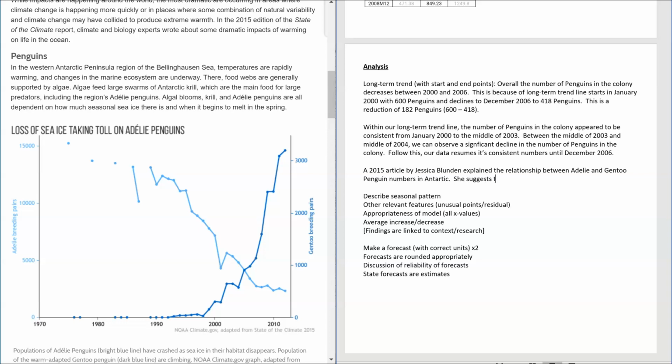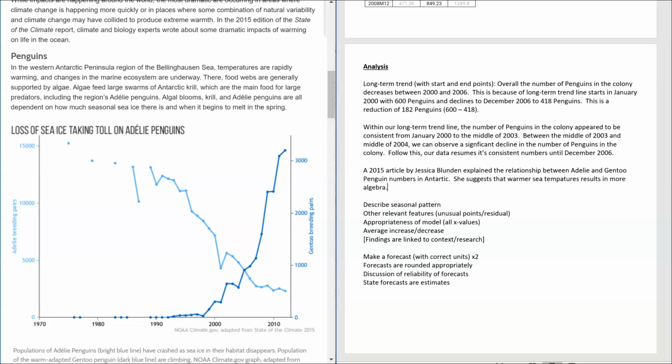She suggests that warmer sea temperatures resulted in more algae. Oh, right, algebra out of force of habit, but more algae.